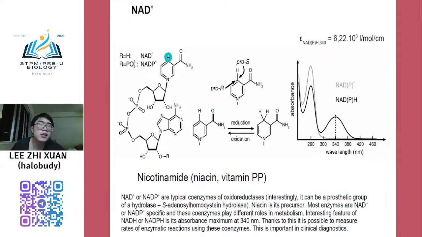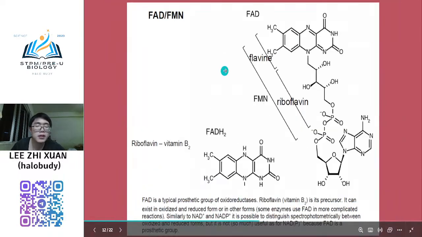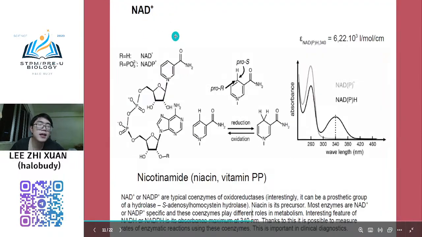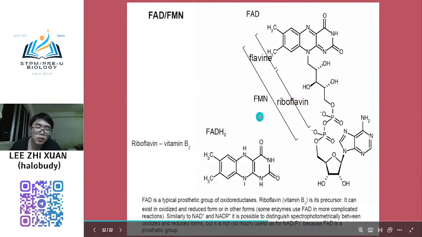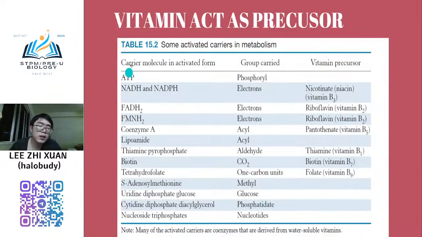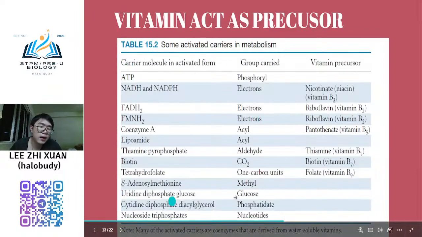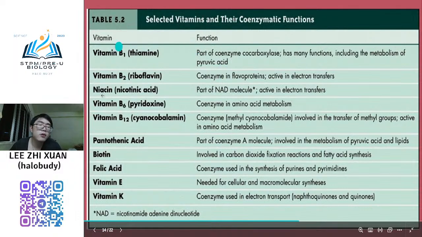All of the energy carriers, NAD, FAD, NADP, ATP, are actually under prosthetic group. Not only FAD, FMN also is under the prosthetic group. There are many examples, and all of these are examples.